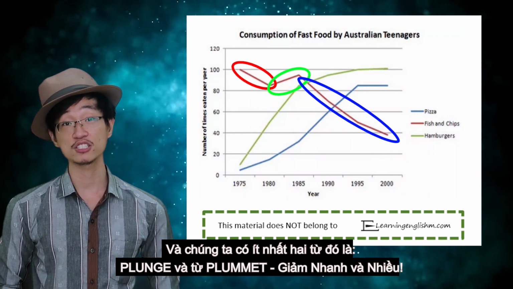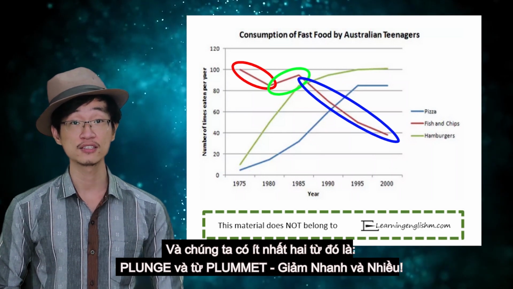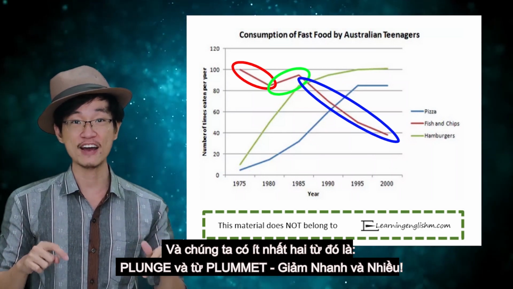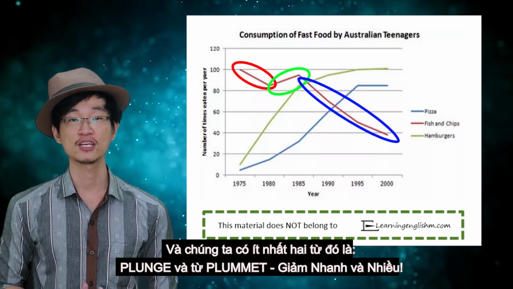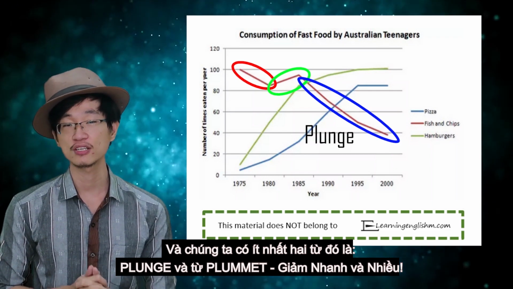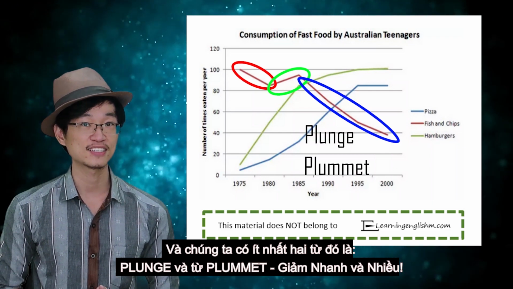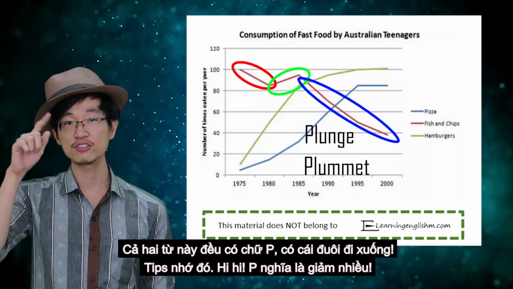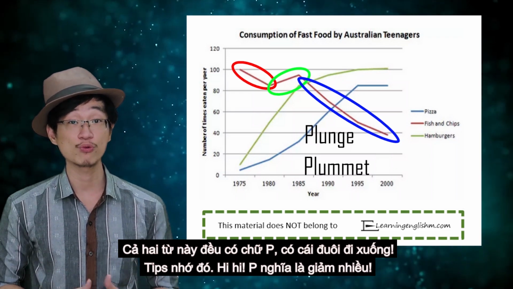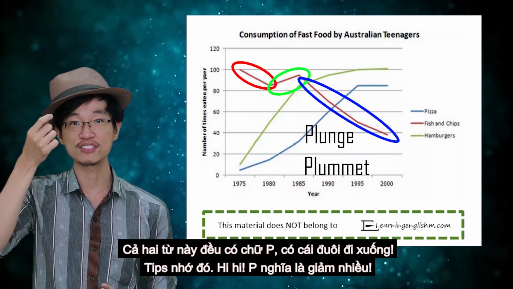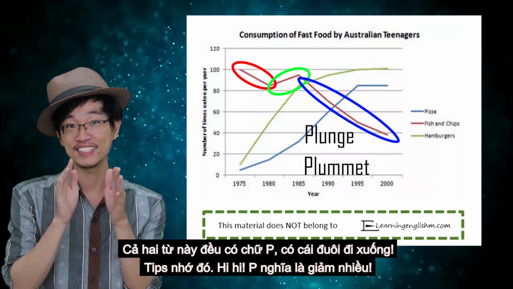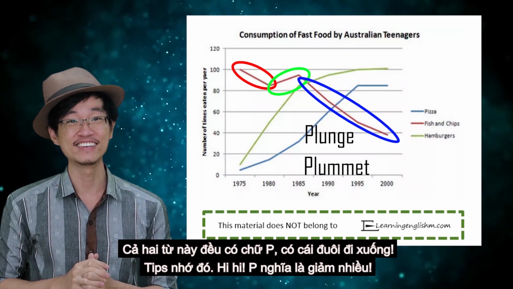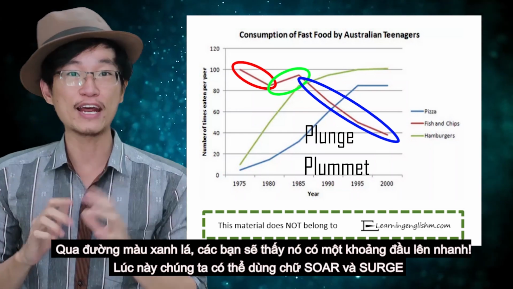To say this, we have 2 words for going down very fast, very quick, and very much. We have the word plunge and the word plummet. If you look at the words, you can see they begin with the letter P, and the P has a tail going down. It means going down. Alright, easy, right?